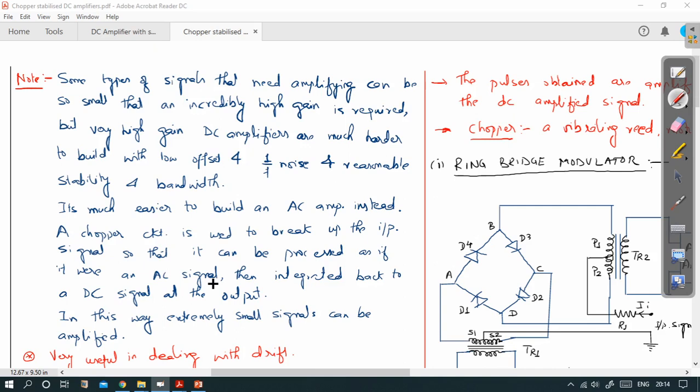Then amplify the AC, the chopped signal, and then convert that amplified AC signal back to the DC format.